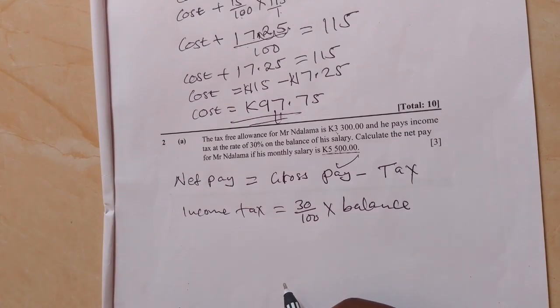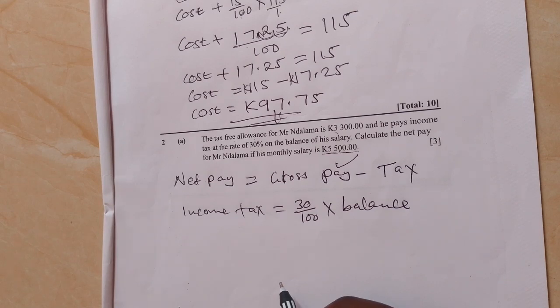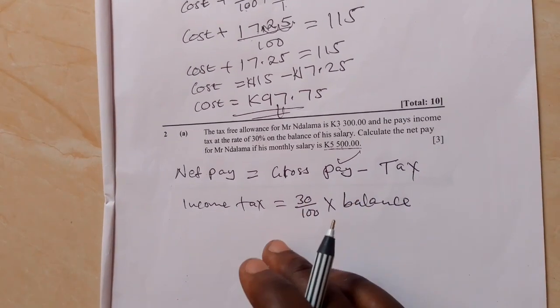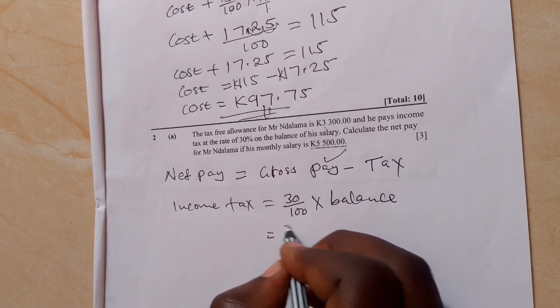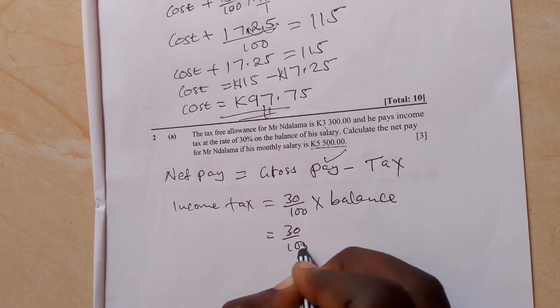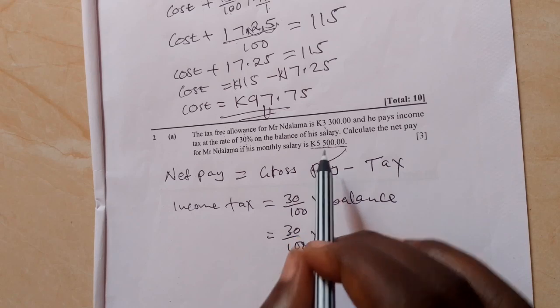So income tax is equal to 30% on the balance. So how do you find the balance?